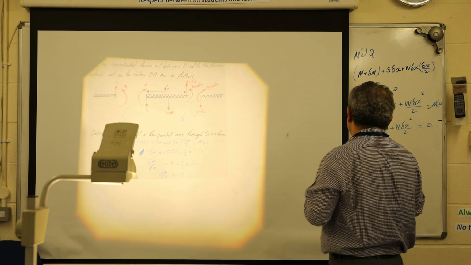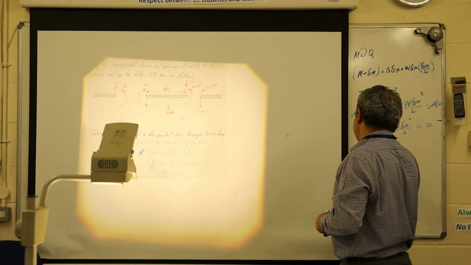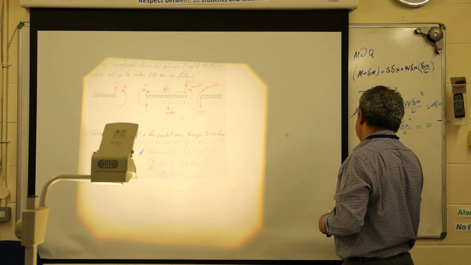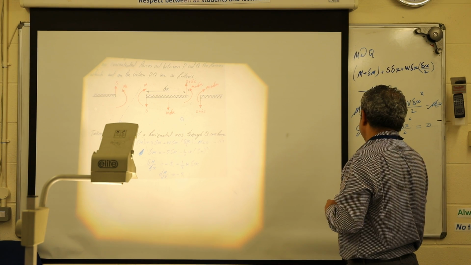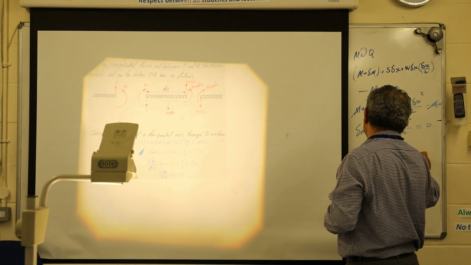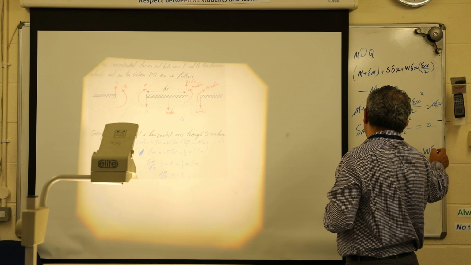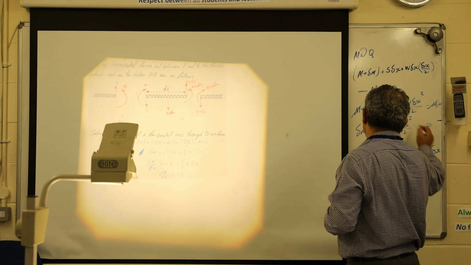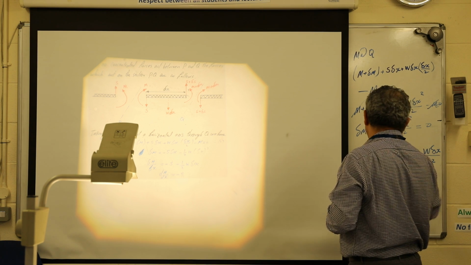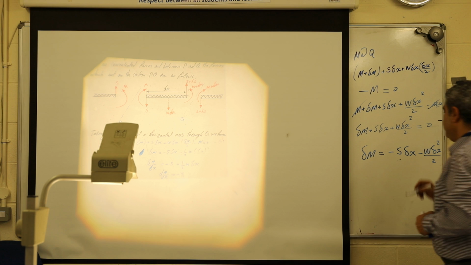We'll start from here. Okay, ladies and gentlemen, if I call it delta M on this side and throw everything to the other side, can I do that? I can say delta M equals minus S delta x minus w delta x, is it a square, yes? Divided by 2. And this is a square.